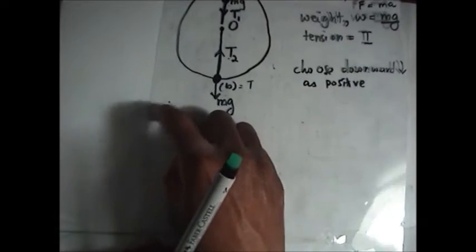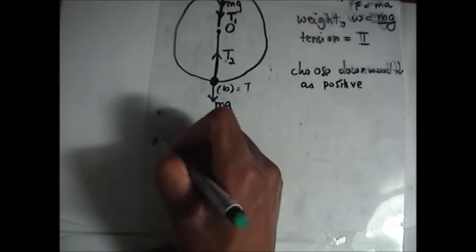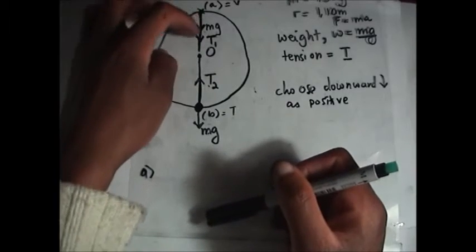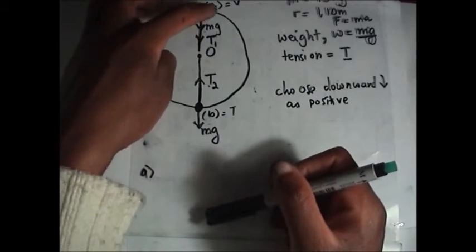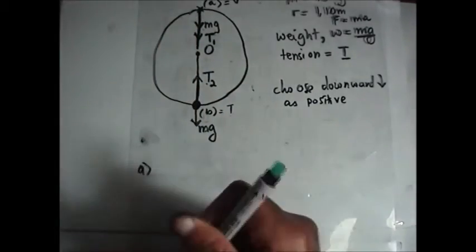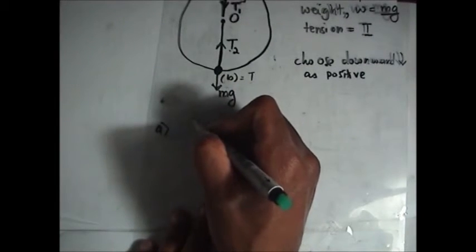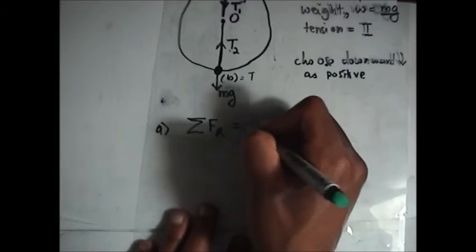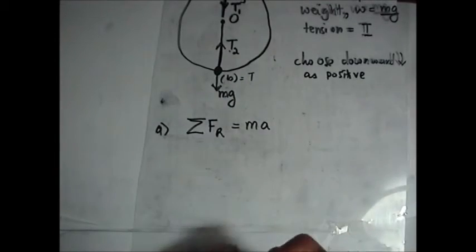At point A, at the top here, can you see both of them are contributing to the centripetal force, because both of them are facing the center, and this small object is moving in a circle. So we know that our resultant force is equal to ma from Newton's second law of motion.